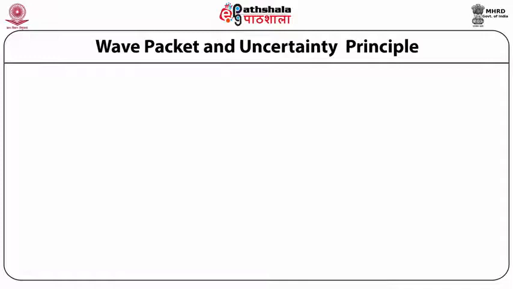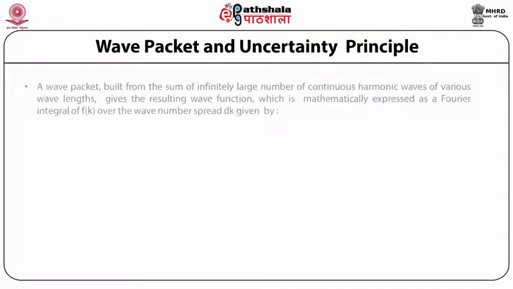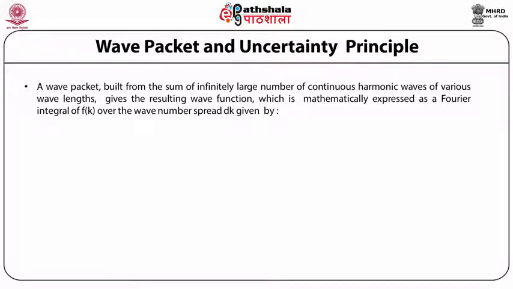Wave packet and uncertainty principle. A wave packet built from the sum of an infinitely large number of continuous harmonic waves of various wavelengths gives the resulting wave function, which can be mathematically expressed as a Fourier integral of f as a function of k over the wave number spread dk, given by psi x is equal to 1 upon under root 2 pi integral with limits from minus infinity to plus infinity f as a function of k e to the power i k x into dk.